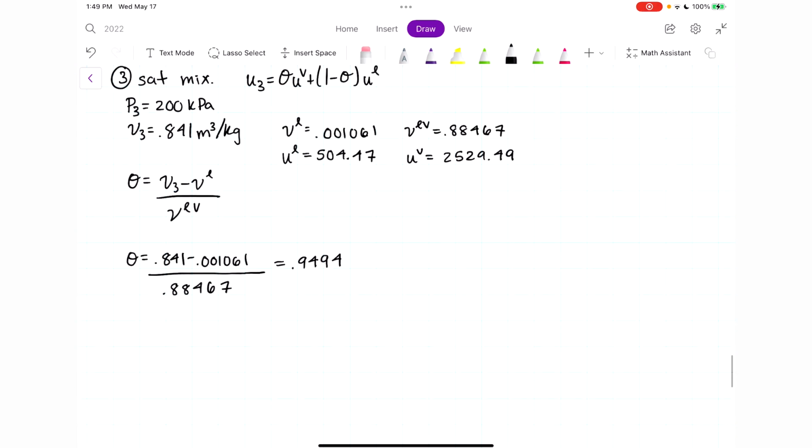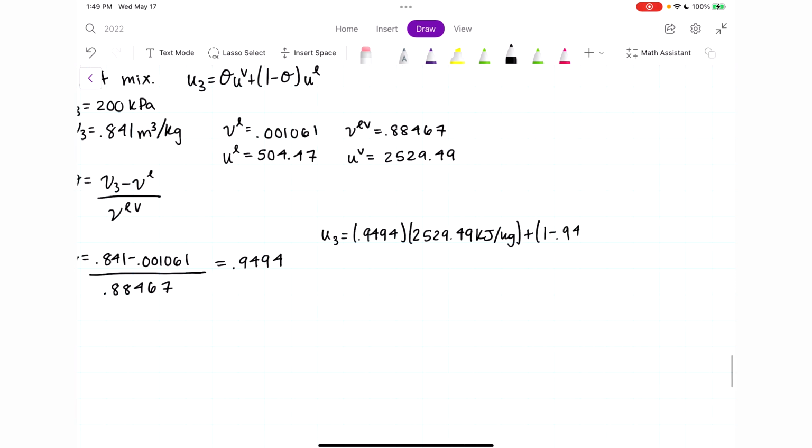When we plug it in, we get that U3 is equal to 0.9494 times 2529.49 kilojoules per kilogram plus 1 minus the quality, 0.9494, times 504.47 kilojoules per kilogram.